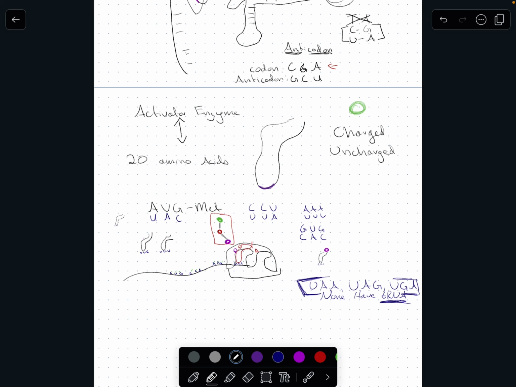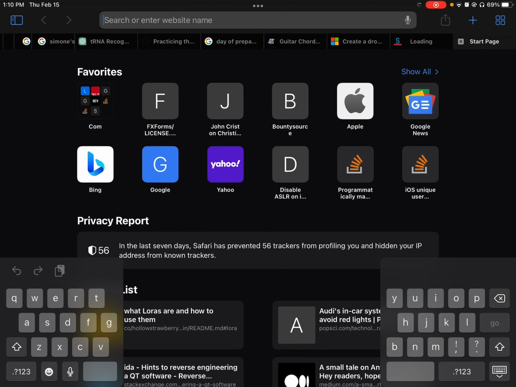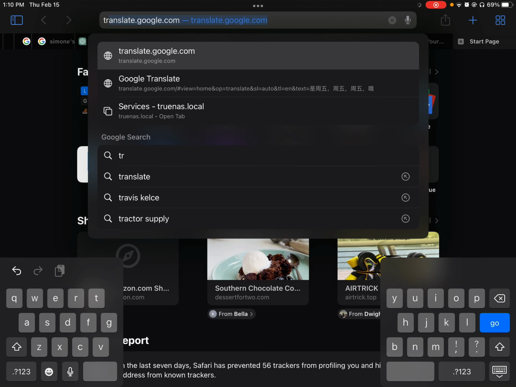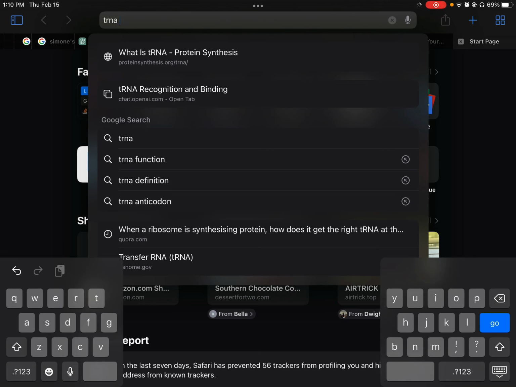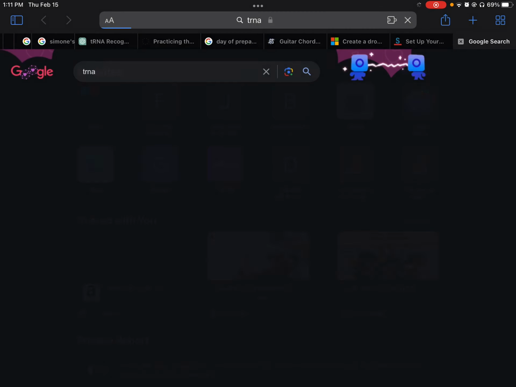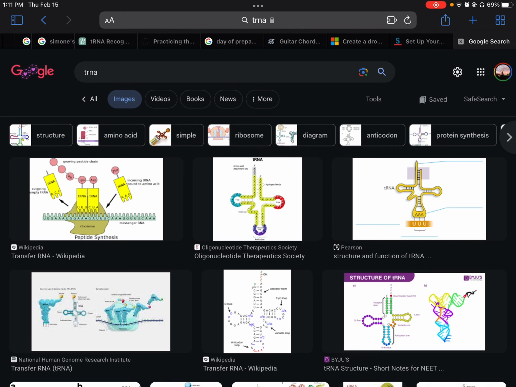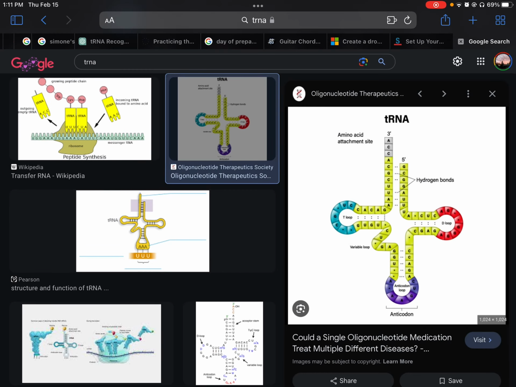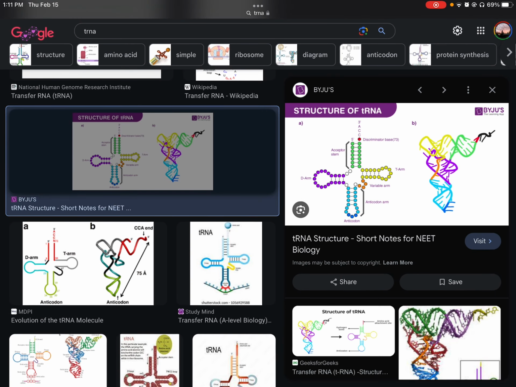It's really interesting to look at what tRNA actually looks like. Let's see if we can find a nice one. So this is our common little diagram of it, but if you look at it, this is what its structure looks like.